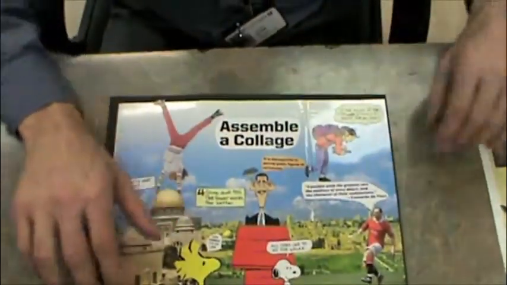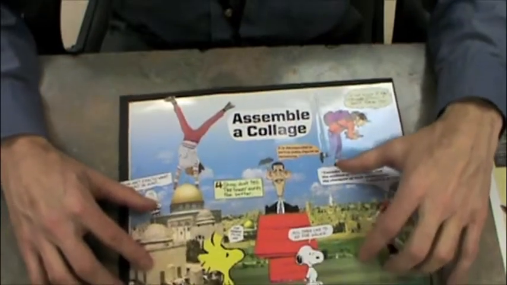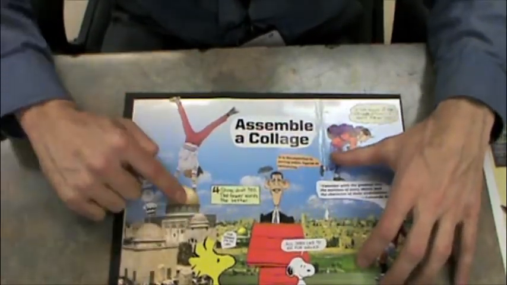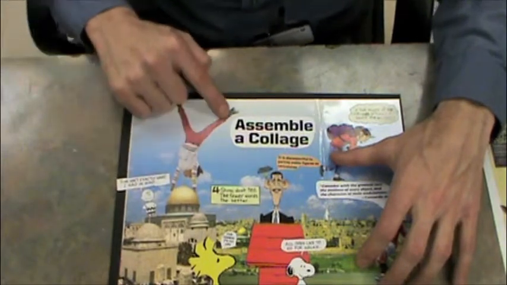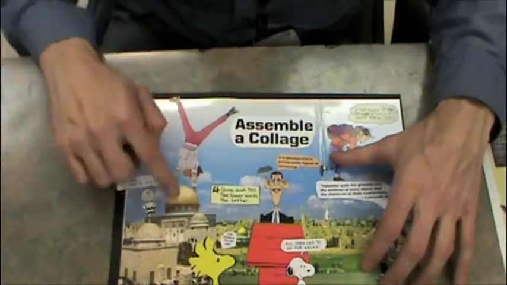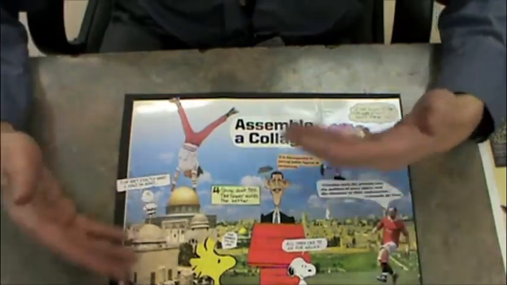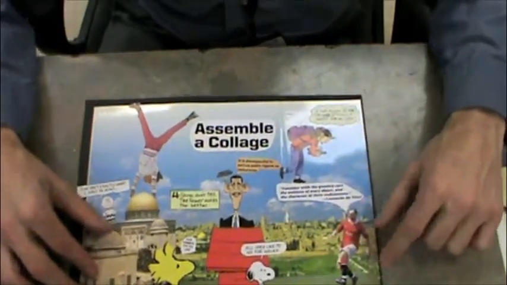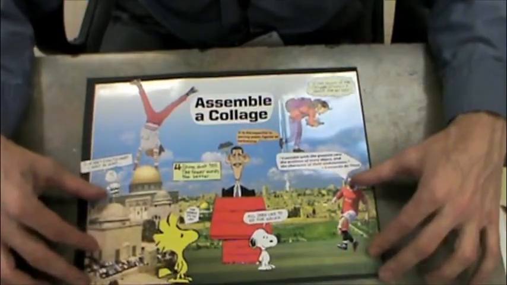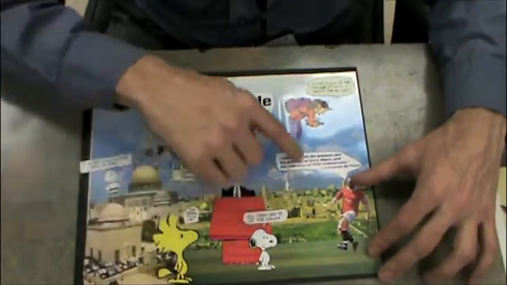Here's another one. We could talk about the contrast of size here, right? This is a huge building, Dome of the Rock, famous building. And there's this huge girl doing a handstand on it. Big girl, right? So which is bigger? You start playing with contrast there. This one has a lot of writing on it. That's not required, but I had a good time having each person say something.